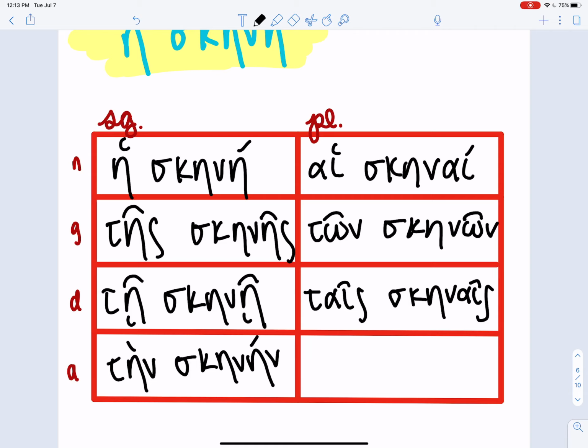Then accusative, tas, with an acute, but the acute flips to a grave because there's a word following it. Skenas. And here, that os ending is long, plus we've got an accent on our ultima, so there's the acute.